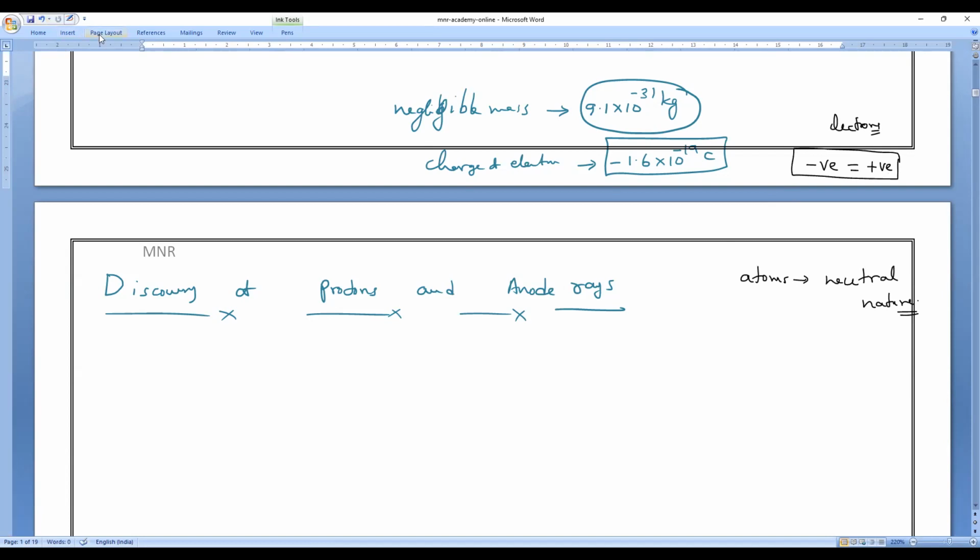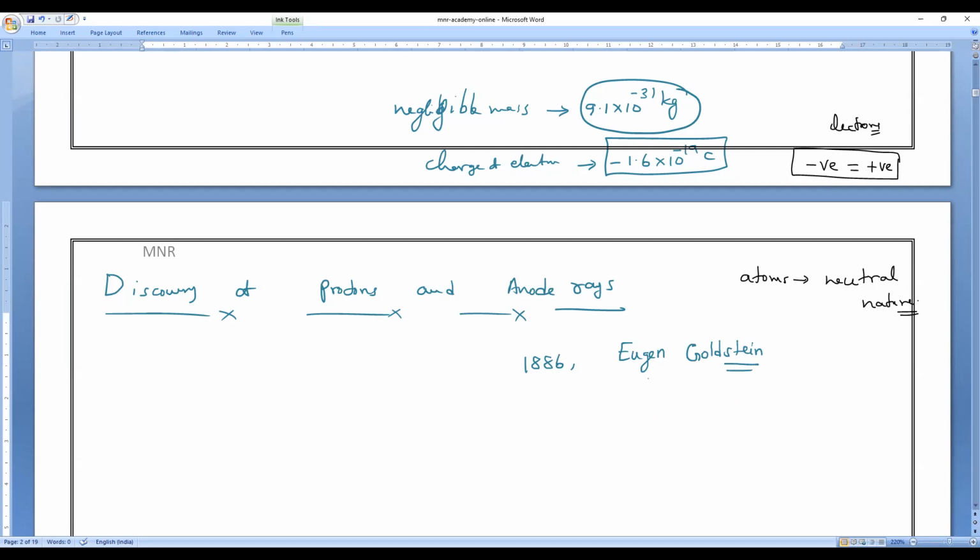Then in 1886, a German scientist called Eugen Goldstein thought about this and did the experiment, not J.J. Thomson.